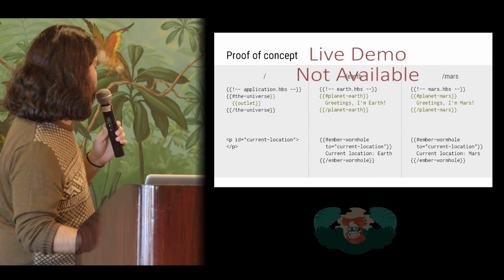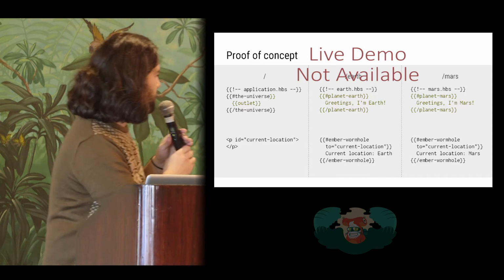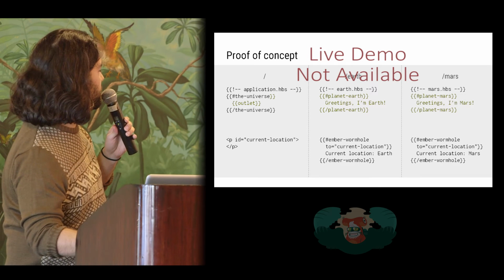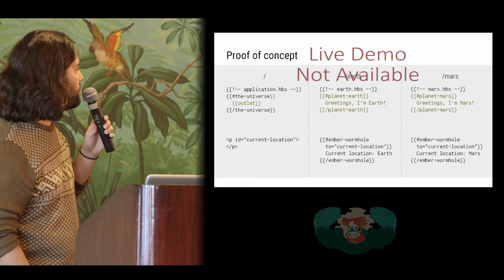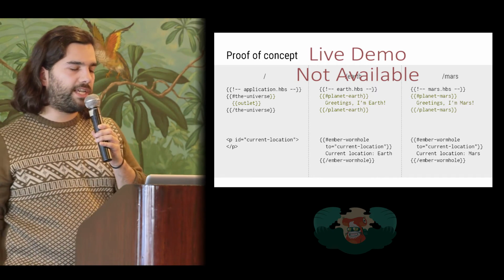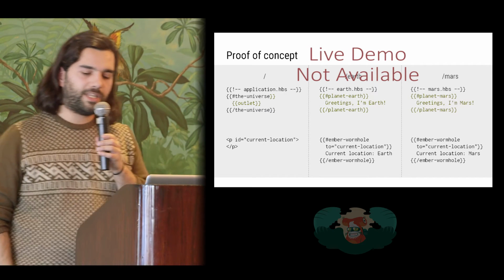So then we can travel. These are normal link-tos you can see here. So if you travel to different routes, each route has a different component. And because we use a little trick here that I believe is about to get deprecated, unfortunately, which is the, how do you call it?